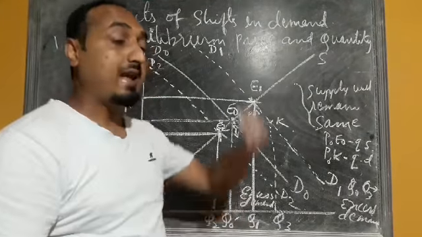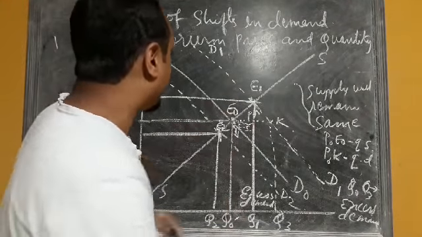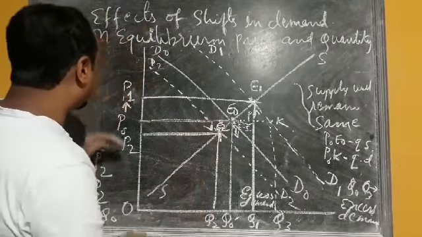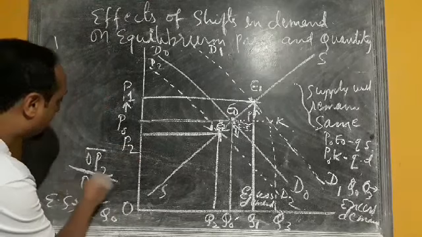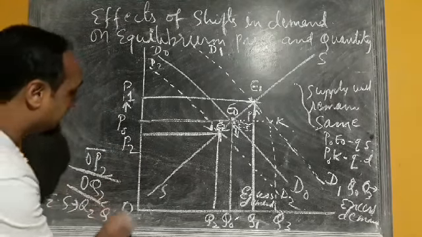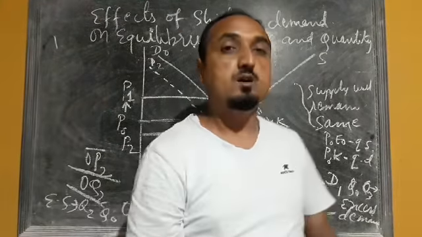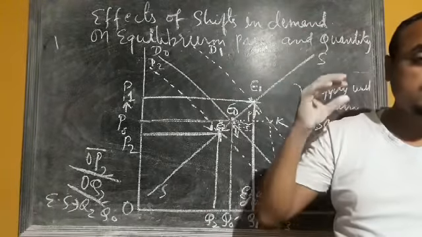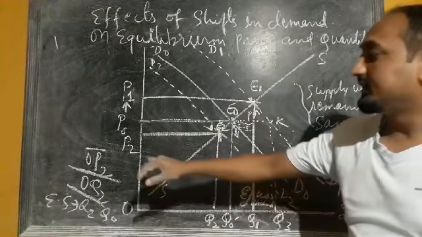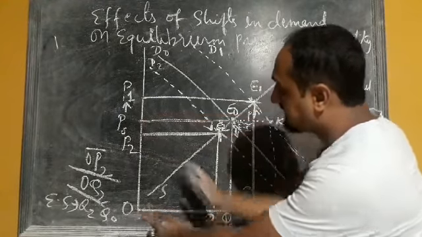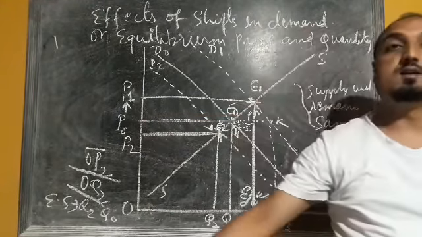So that will exert a downward pressure on price, and the price is decreasing from OP0 to OP2. So here equilibrium price is OP2 and the equilibrium quantity is OQ2. So if the demand curve shifts leftward, equilibrium price is also decreasing and the equilibrium quantity is also decreasing.